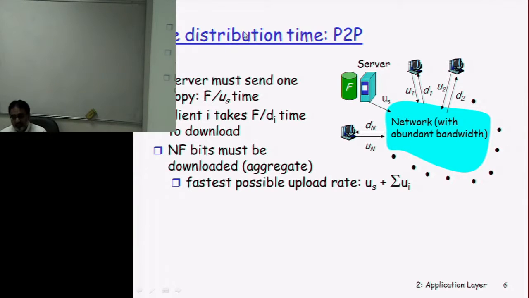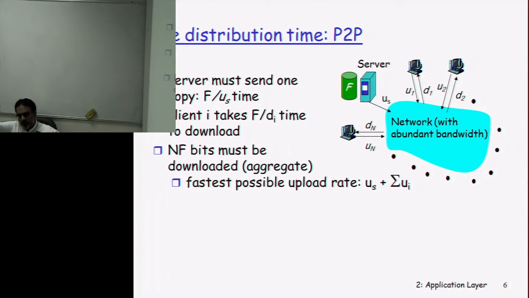Now, this is the file distribution time calculation in case of pure peer-to-peer architecture. The peer will get the file from where? Definitely one has to upload the file, so the one who initiates the upload is considered the server. The server must send at least one copy, then the peers will handle it automatically.